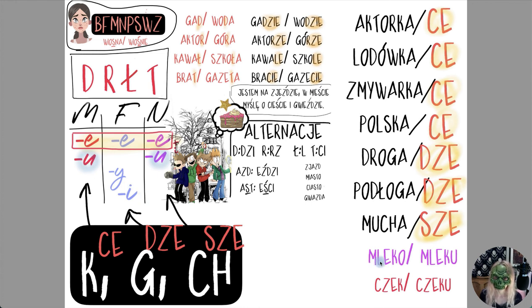I'm thinking just a little bit about examples. So, oddech is a breath, o oddechu, about a breath, so again ending hu. Bóg, God, o Bogu. We will lose the accent above o, but the ending would still be u, so o Bogu. Apologies for this little notification.